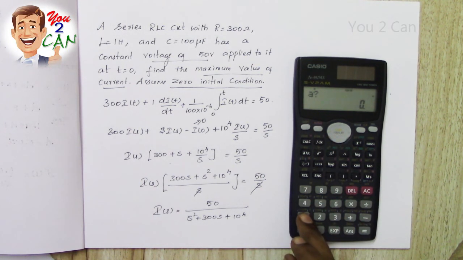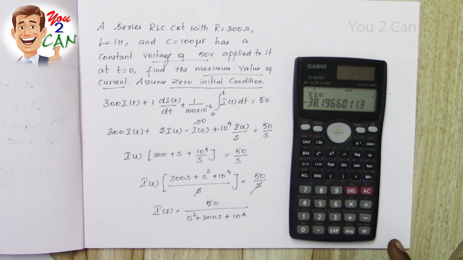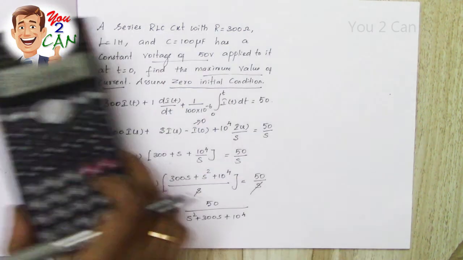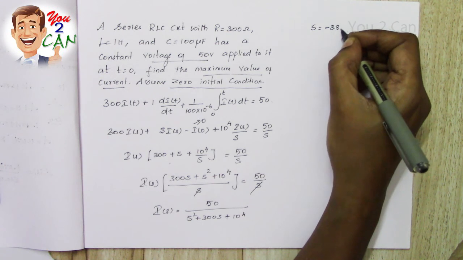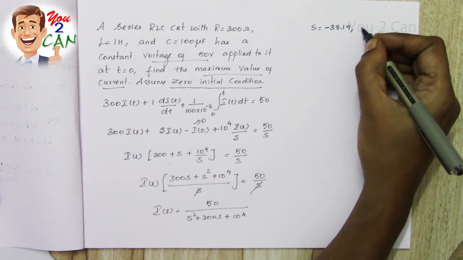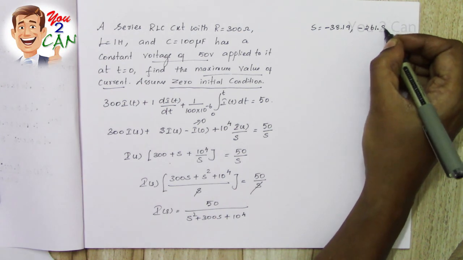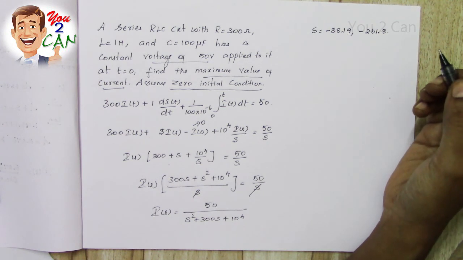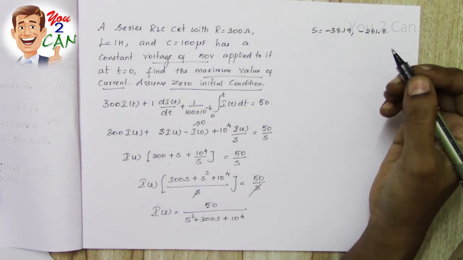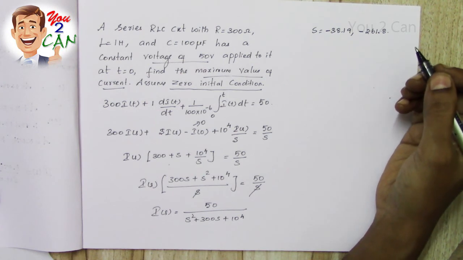The coefficient of A is 1, B is 300, and C is 1 exponential 4, and the values are minus 38.19 and minus 261.8. So the roots are different. While calculating (R by 2L) the whole squared and 1 by LC, it will be overdamped. Two different roots are obtained here.